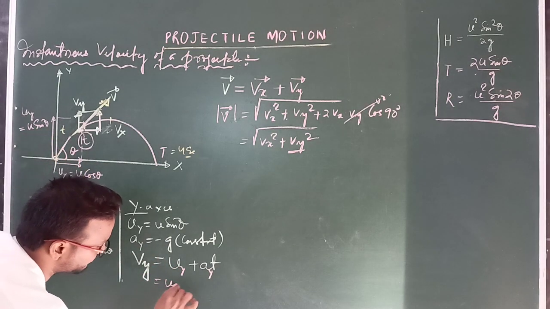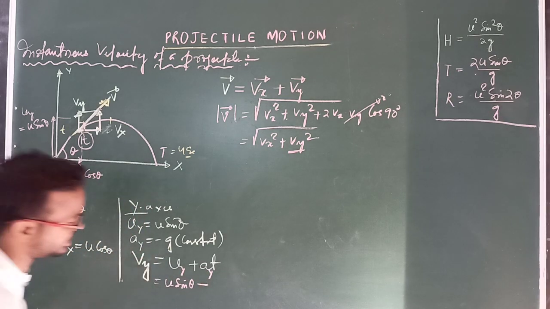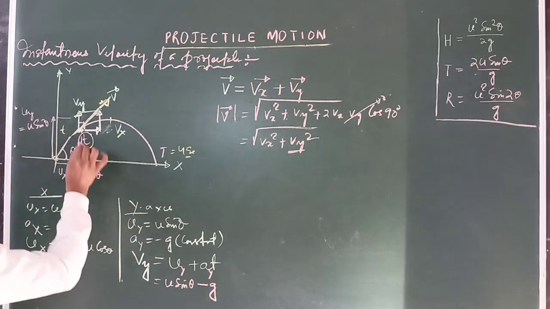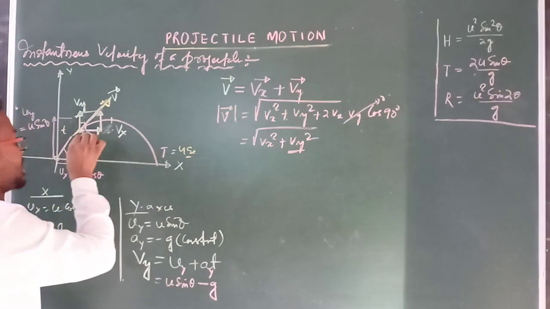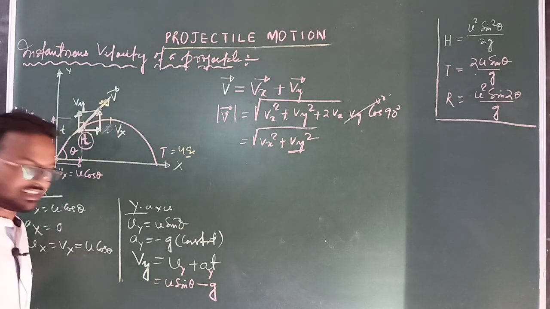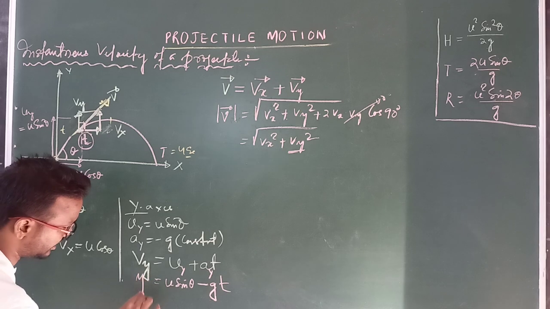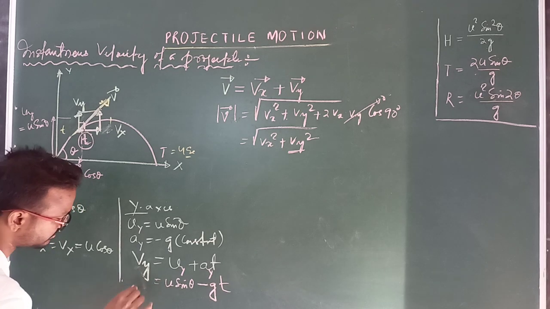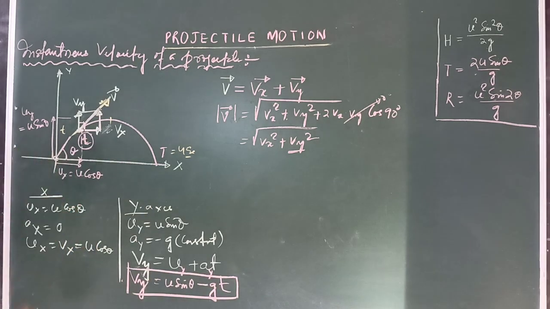You can write u sin theta minus g, since ay equals minus g, into time t, at a particular time, not the total time, suppose 1 second. Then we get the value of vy. So vy equals u sin theta minus gt, but here vx is u cos theta.